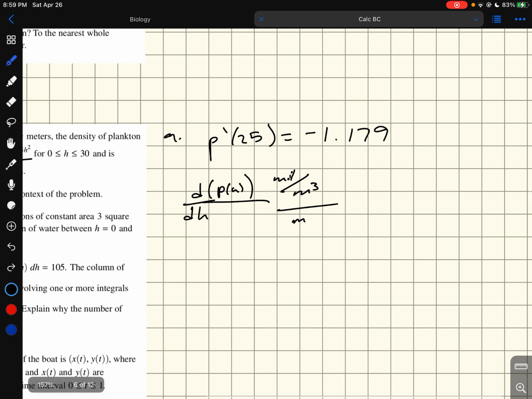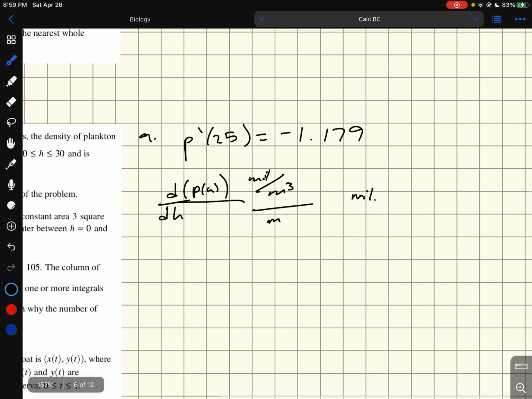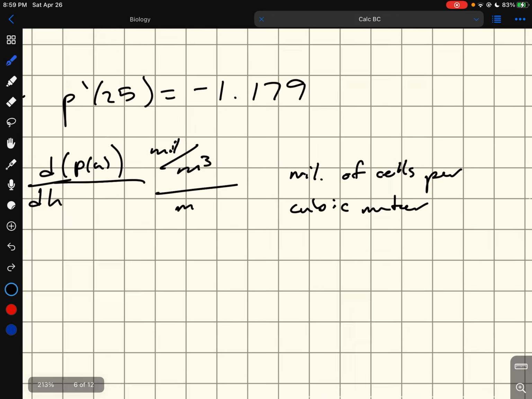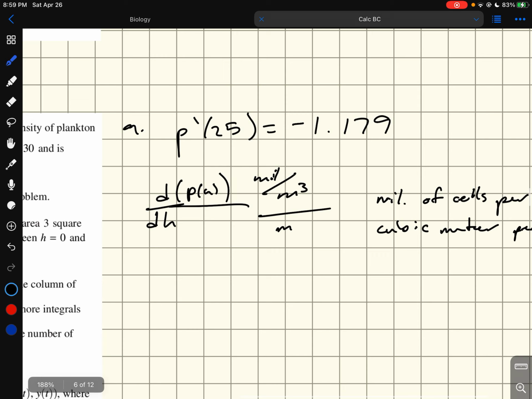So the unit for this value is millions of cells per cubic meter. And then this derivative, this dividing sign and this meters together means per meter. So you see how this is per cubic meter? This is per meter.